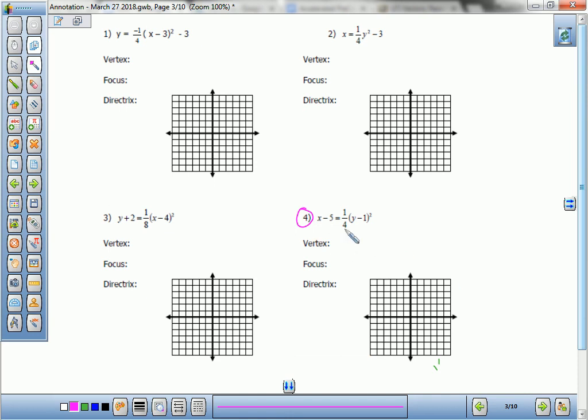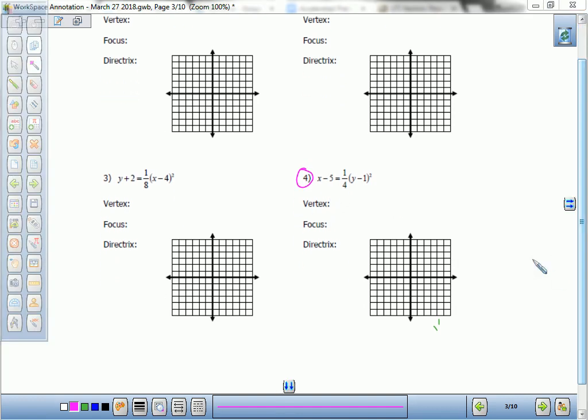So, this was the back of those notes. Did we get to number 4 in this class? No. Okay, so we're going to pick back up with this so we can put our brains back in parabola mode. All right, so our vertex: the opposite of what's with our x is the x at the vertex. The opposite of what's with the y is the y at the vertex.